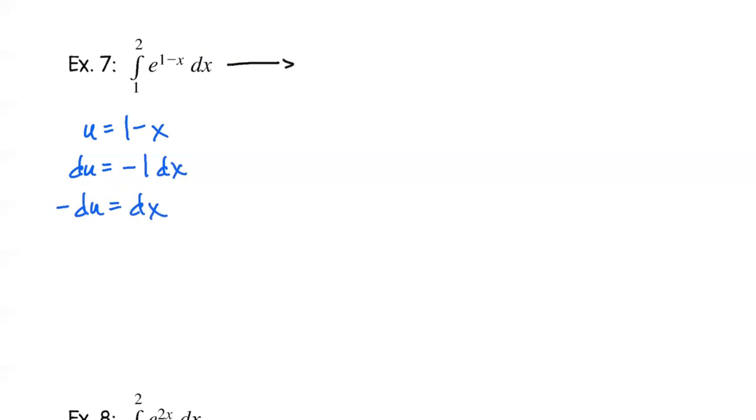Now, as we talked about yesterday, there's sort of two camps of thought on how we set up our integral. I like to, once I've gone into U land, I like to stay in U land, right? So here's my integral, but I'm going to go ahead and change the 1 and the 2, because these are x numbers, so that I can have u numbers in the other part.